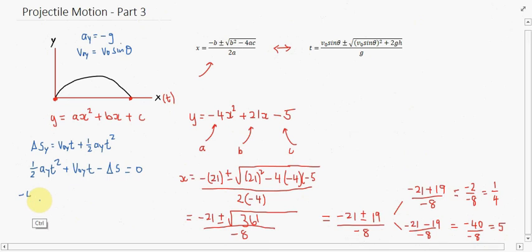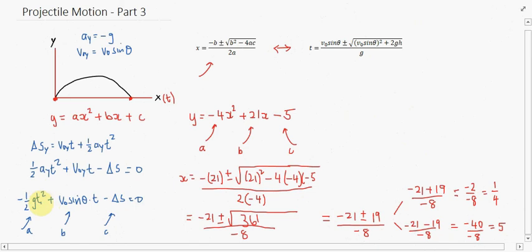I don't want to plug the values in quite yet. This would simply be negative 1/2 g t squared plus v sub naught sine theta times time minus delta s, right? Notice that this is equivalent to our a that we were talking about earlier. This is equivalent to our b, and this is equivalent to our c.